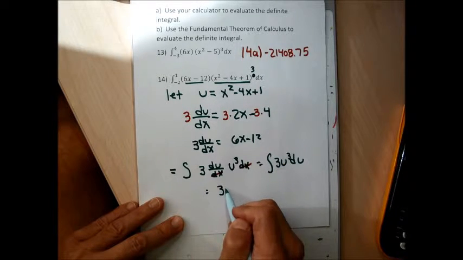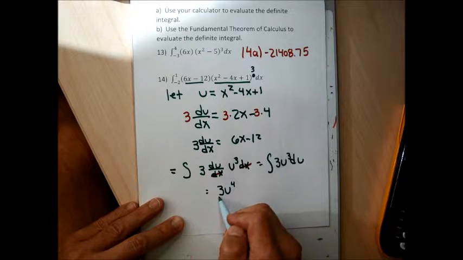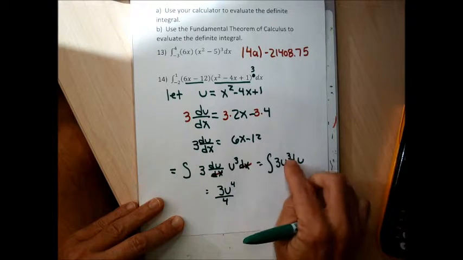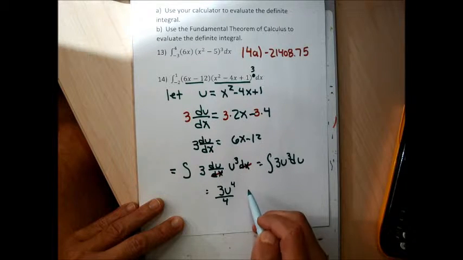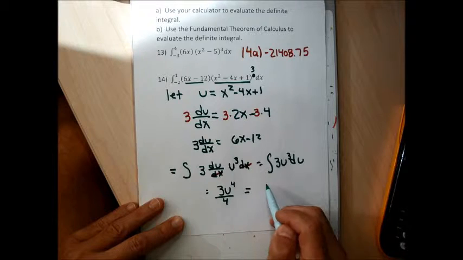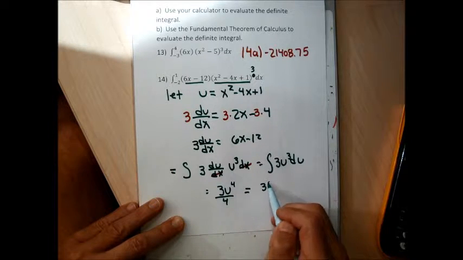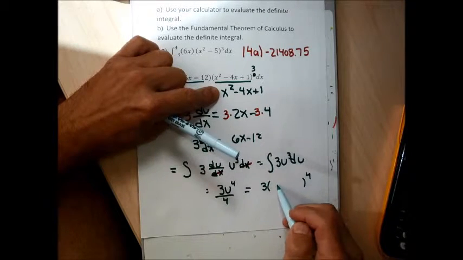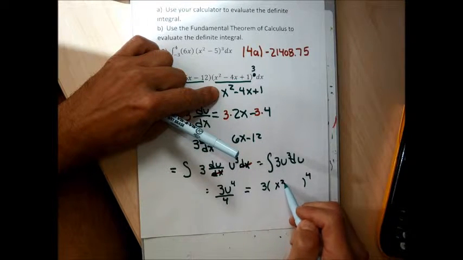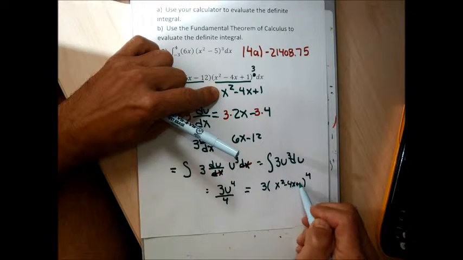I get 3u to the 4th over 4 because the exponent is 3. I add 1 and that's my new exponent. And now I'm going to change the u's to x's by replacing the u to the 4th with an x squared minus 4x plus 1 to the 4th.